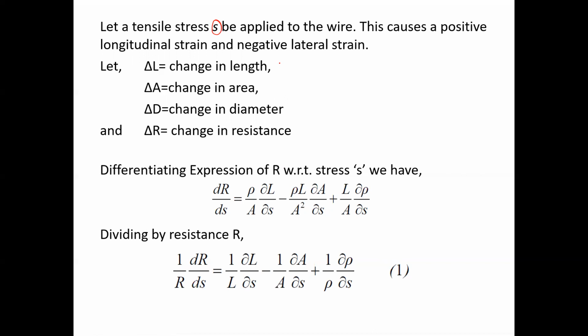The change in length is delta L. The change in diameter is delta D, which will cause a change in the area also. The overall change in the resistance can be represented by delta R. We are going to use these symbols in later derivations.